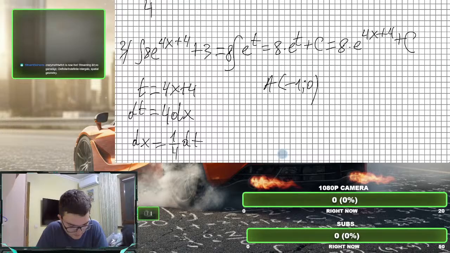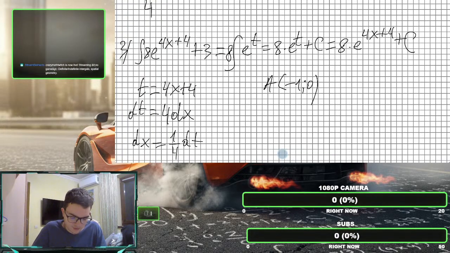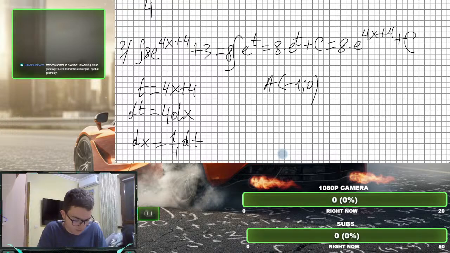It put up front 8 times 1 divided by 4, and it didn't use t substitution. Yeah, I don't really understand how it did it. So I need a detailed explanation for this. Once again, I thought it's t substitution and so on, but actually it's not. So I'm gonna ask for it.